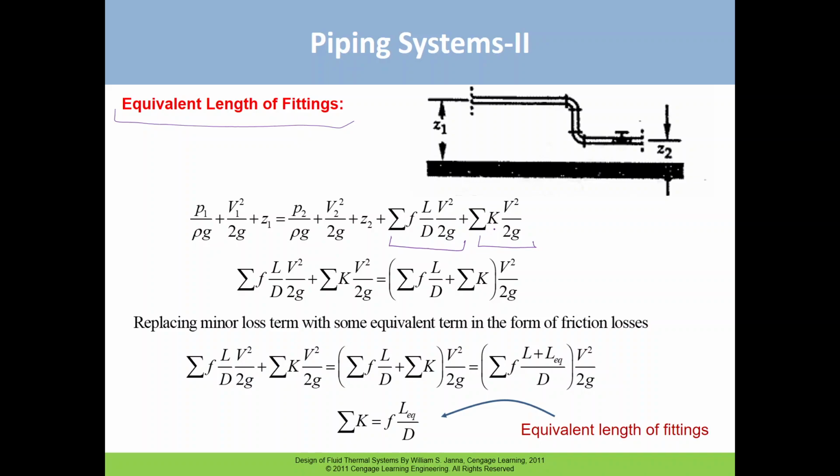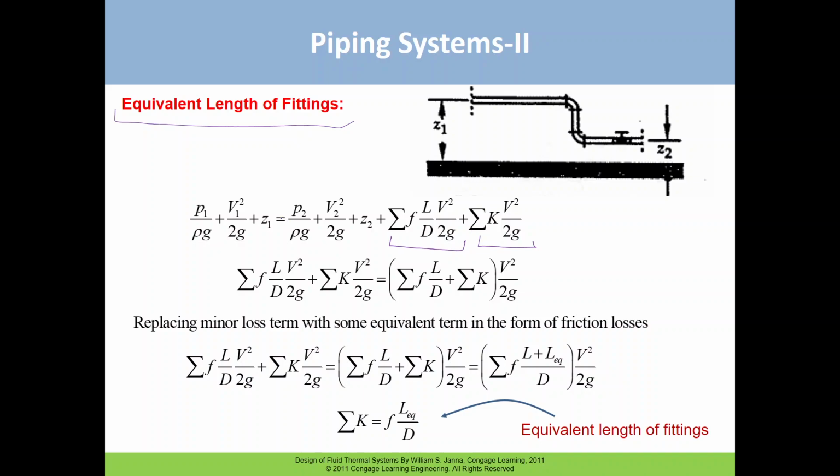So we are finding a way to describe the minor losses in terms of length, so that the equation takes the same form as it does with the friction losses. We want to find the equivalence of these minor loss coefficients in terms of length and diameter.